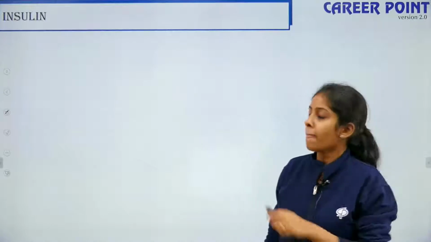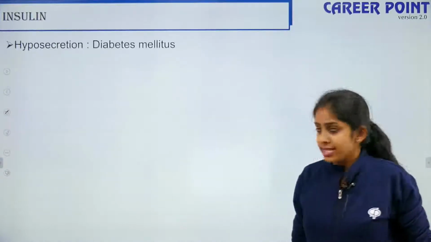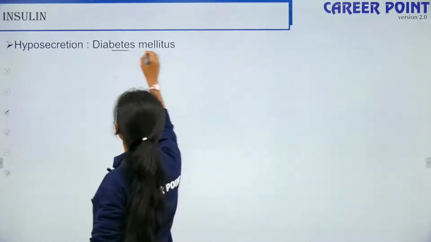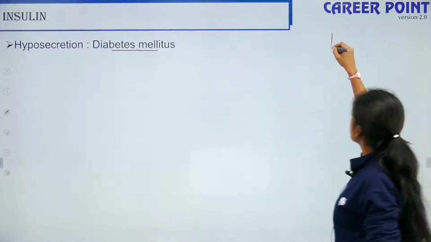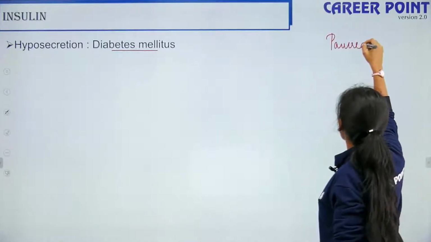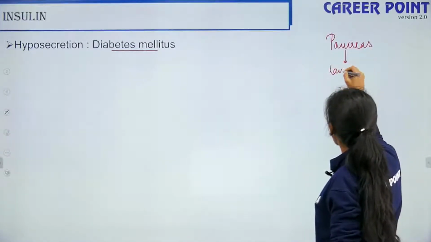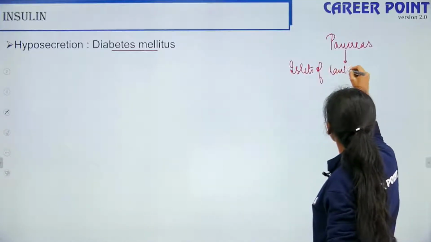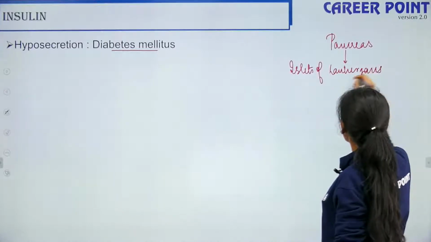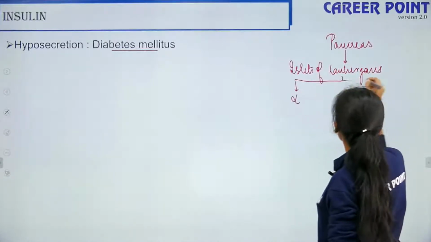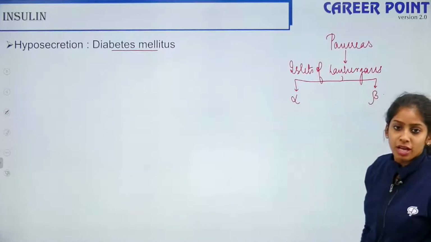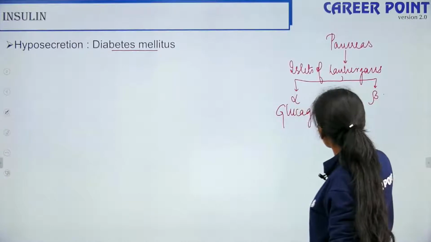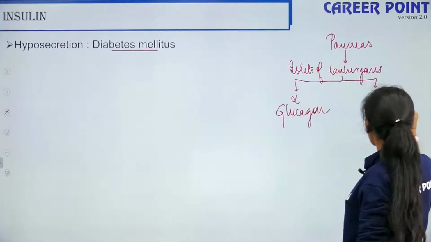Now talking about insulin, when you have less secretion of insulin, that leads to diabetes mellitus. Talking about the pancreas, it has islets of Langerhans. These islets of Langerhans have two types of cells, alpha cells and beta cells. Alpha cells secrete glucagon and beta cells secrete insulin.